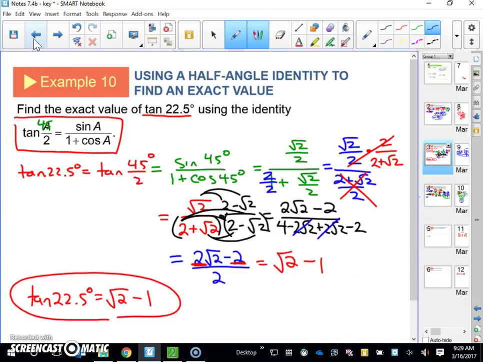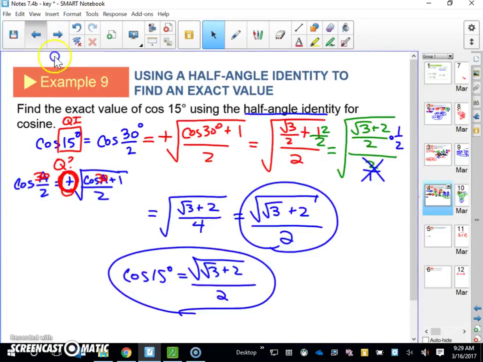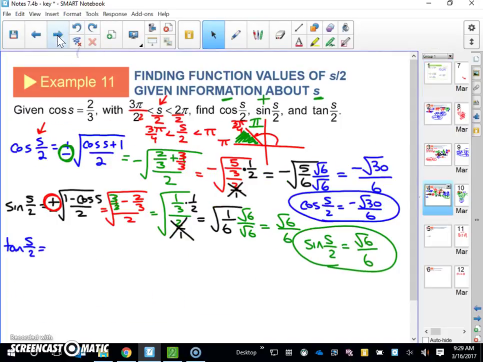Notice we have three options for our formulas, but I would probably want to stay away from the ones with sine in them, because I don't know anything about sine yet. I guess I could figure it out, but I would probably want to use the one that just has cosine in it, because this problem gives me cosine s was 2/3.